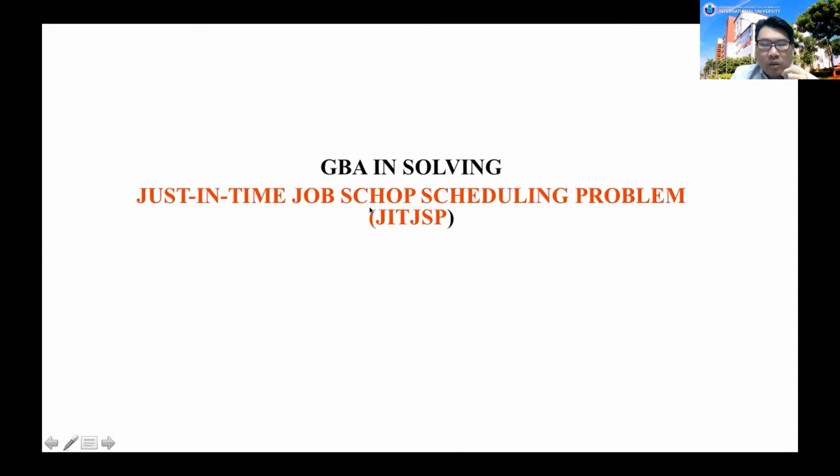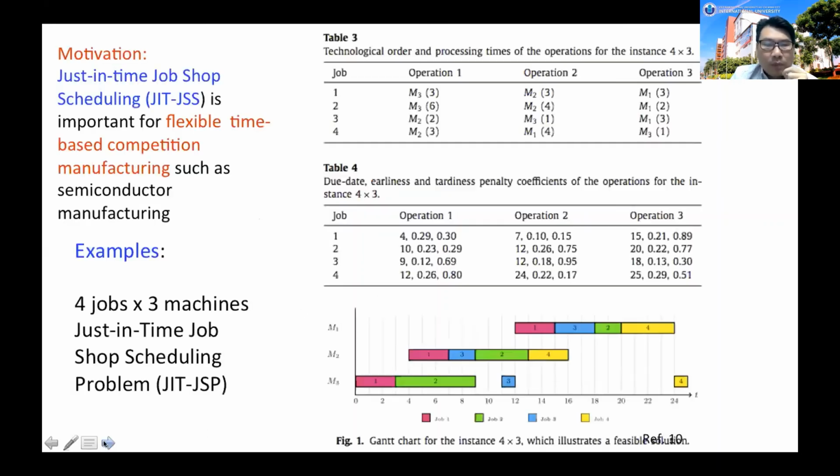And for the conventional job shop scheduling, it's a conventional job shop scheduling problem. But now if we consider the just-in-time job shop scheduling problem, we can consider the just-in-time factor in the job shop scheduling problem.